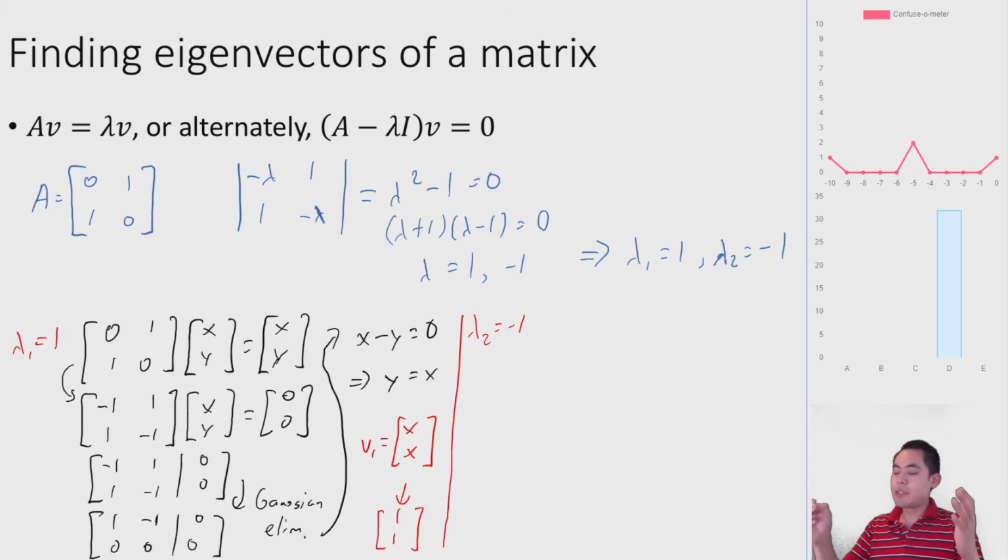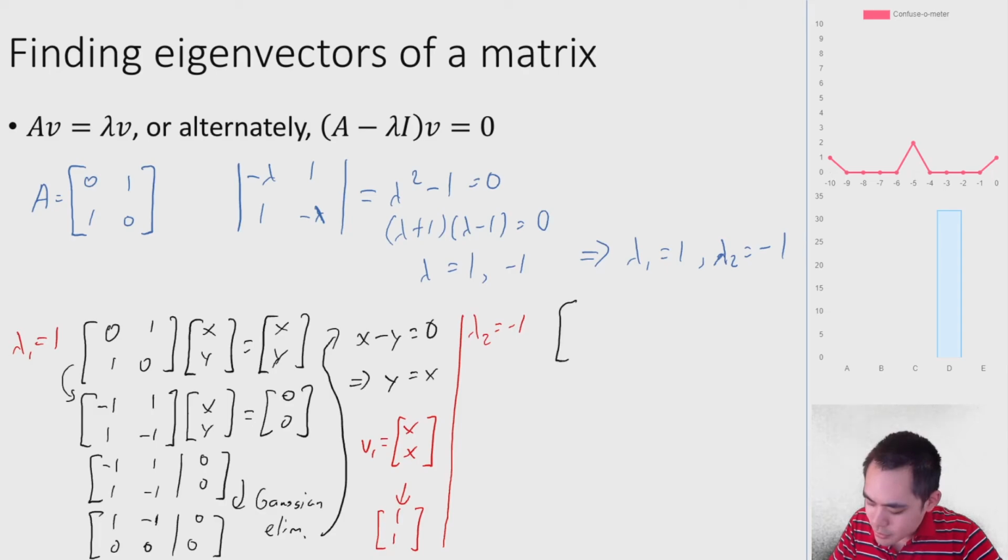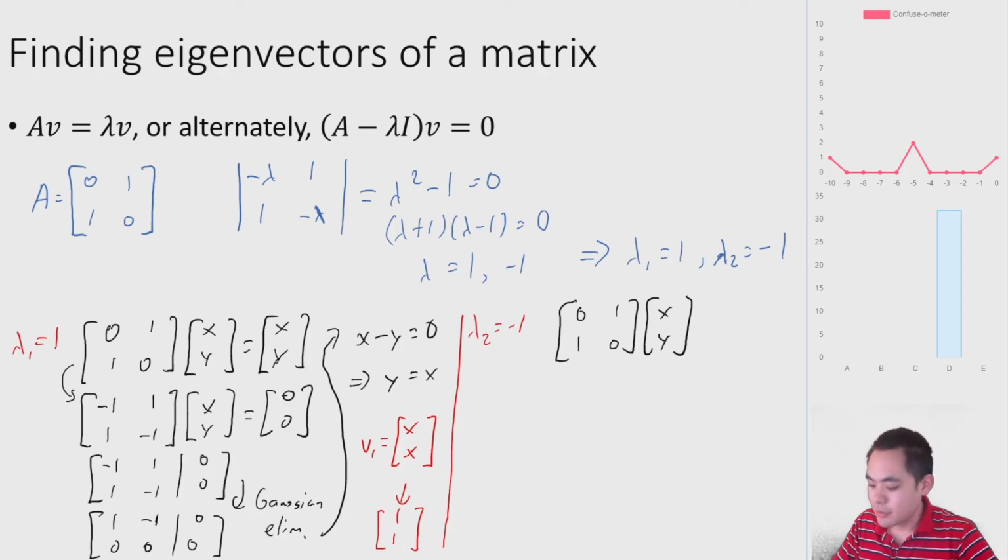The whole point of an eigenvalue is that when you multiply by the original matrix, it scales everything, right? So [0, 1; 1, 0] times (x, y), we want to scale it by a negative, so this is equal to (minus x, minus y), in order to solve for an eigenvector corresponding to the eigenvalue minus 1.